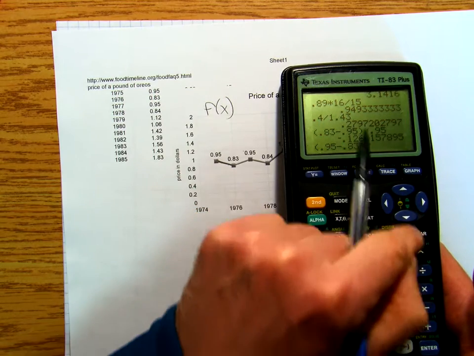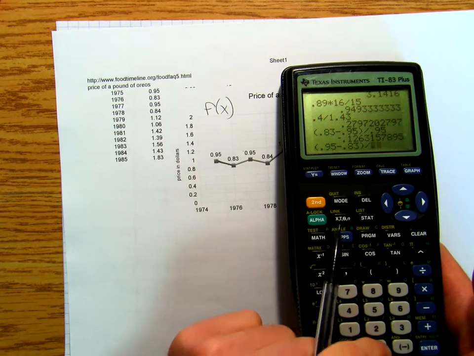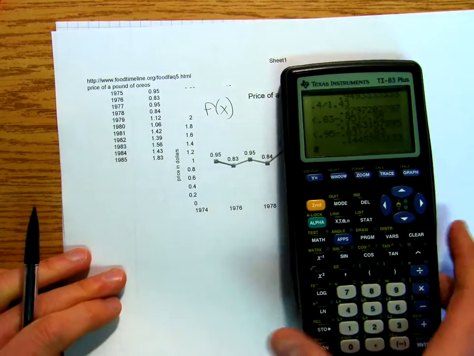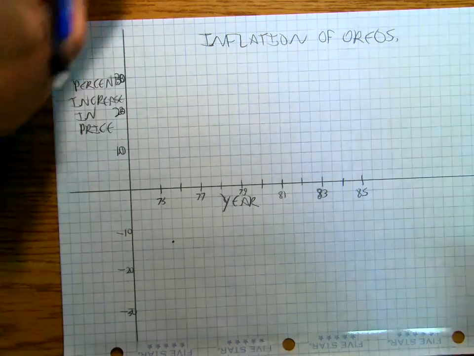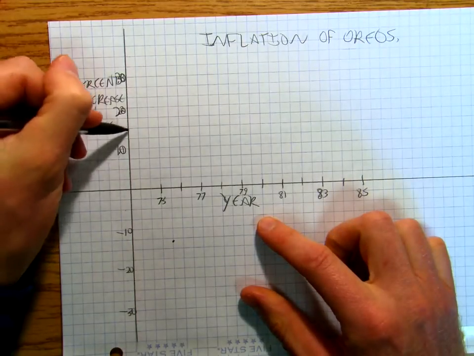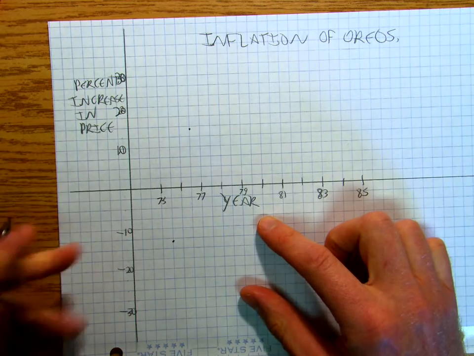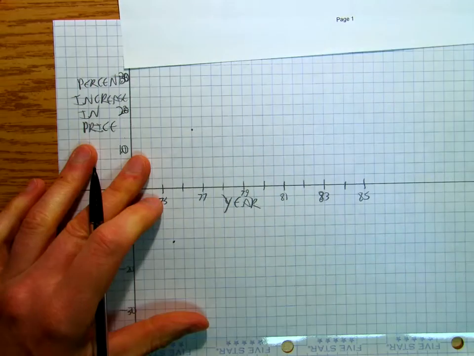Gotta type correctly. And that's like 0.14, 0.15. So probably right about there. Okay, then I'm going to go through these really quickly.